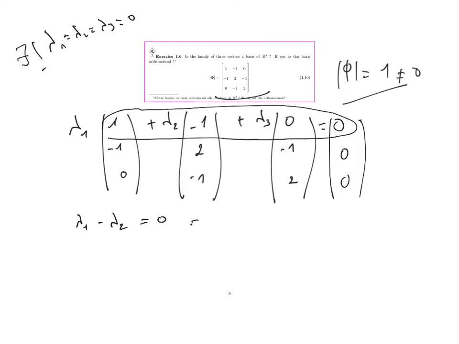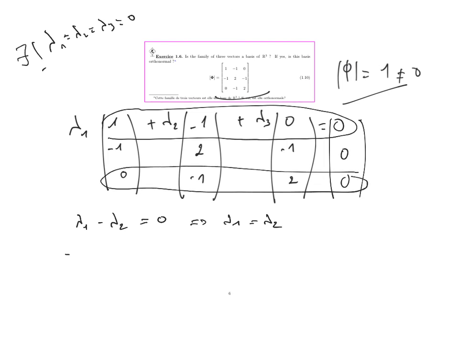So we have that lambda 1 equal to lambda 2. If we look at the third line, we have that minus lambda 2 plus 2 lambda 3 equal 0, which means that lambda 2 is equal to 2 lambda 3.